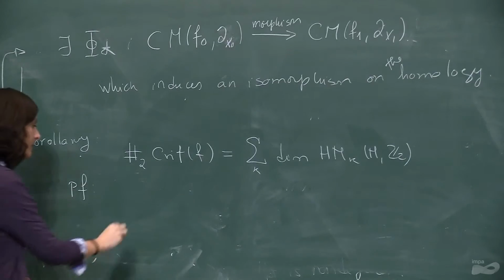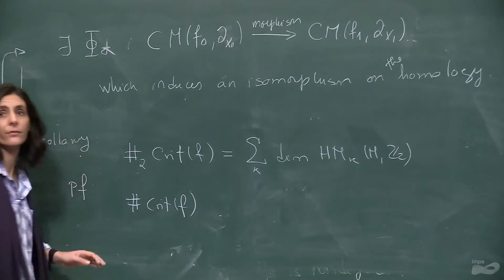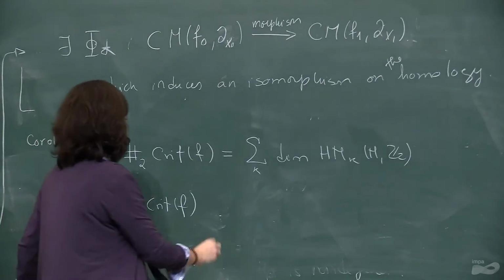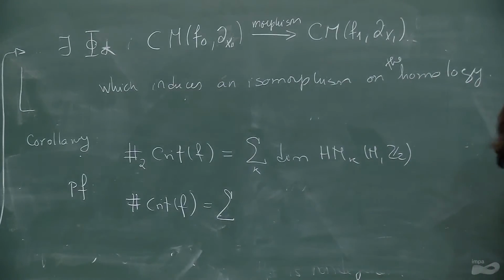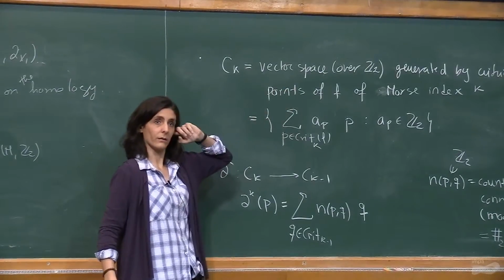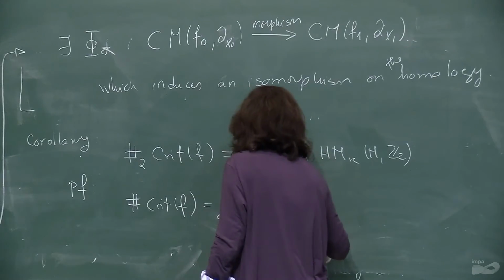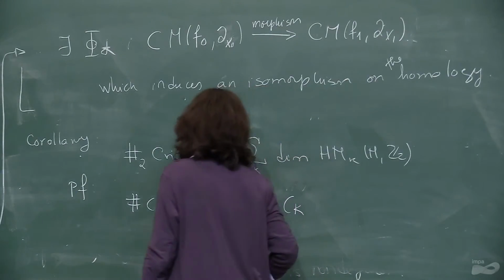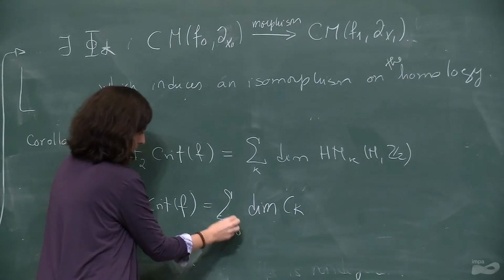To count the number of critical points of a function f, all we have to do is to sum basically the generators of each Ck. So this will be the sum of the dimensions of each vector space Ck, k running over 0 to n plus 1.